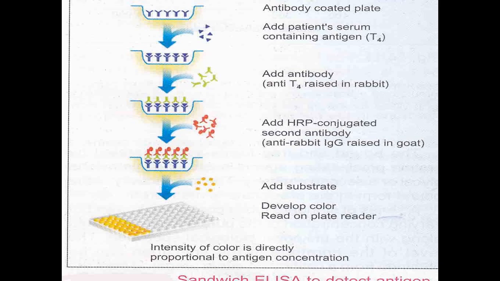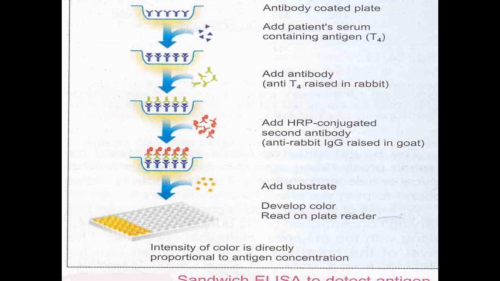In the next step, we add a second antibody, an antibody raised in vitro, which we add in the form of a reagent, linked to the enzyme.